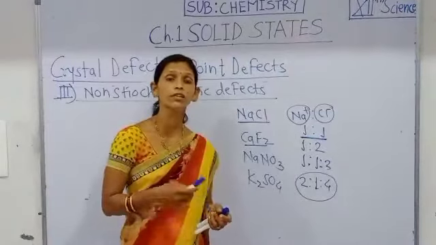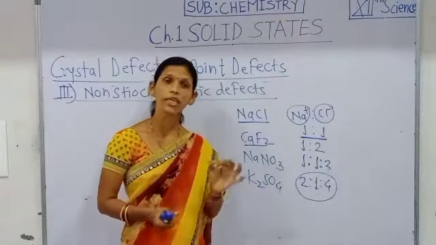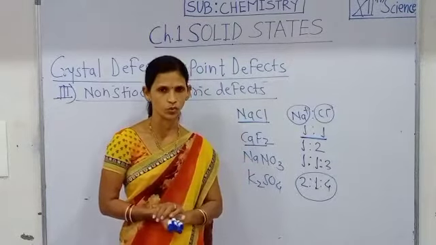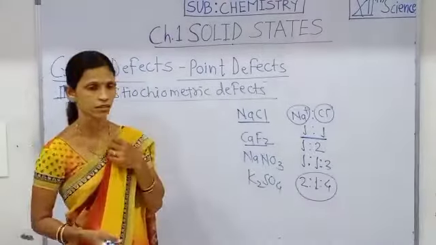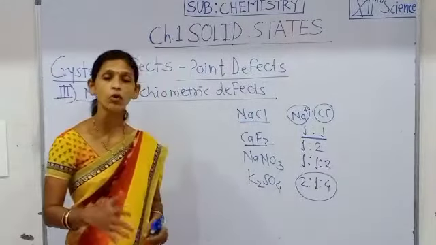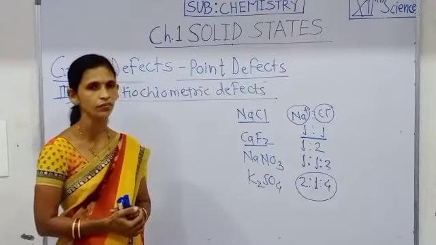If the ratio of the constituent particles is not a whole number ratio, then it is a non-stoichiometric ratio. Then we will discuss the different types of non-stoichiometric defects.